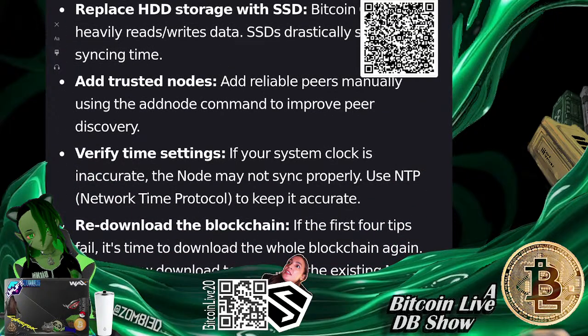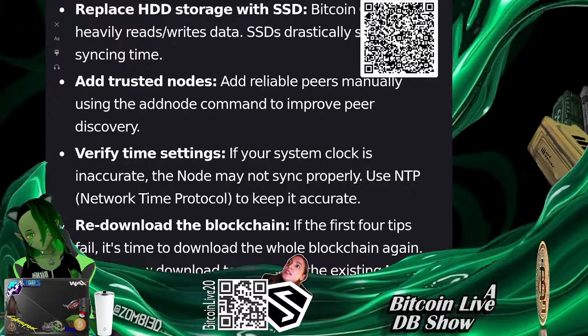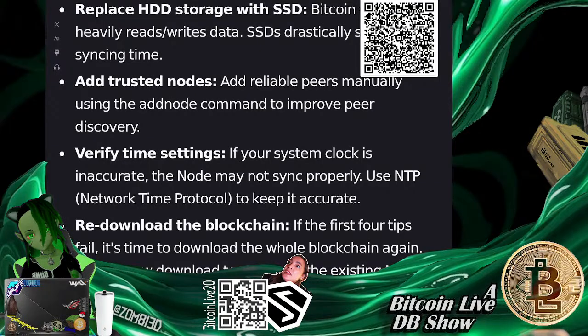Add trusted nodes. I don't like this terminology, but what that means is don't go off of some random node off the internet, or don't go off of some major agency or whatever. Find people you trust and say, add this node into my list of trusted nodes. Nodes I want to verify with. Nodes I want to keep up with.